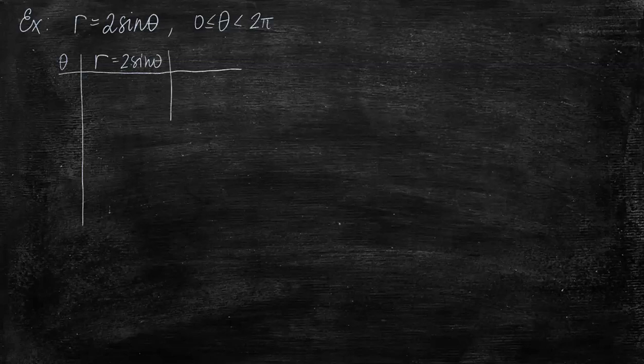And then we're going to produce those ordered pairs and plot them. So we're going to go with the standard values for theta. Let's go dense in the first quadrant, and then we'll loosen up a little.